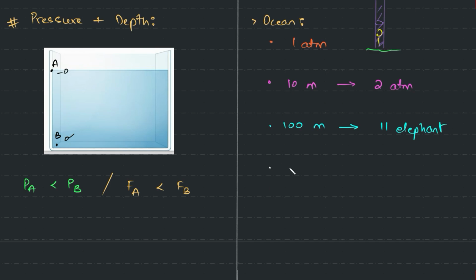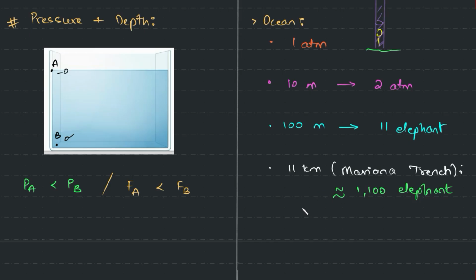And the deepest point that I know of is 11 kilometers, the Mariana Trench. If we happen to go to this depth, it's almost as if you have 1,000 elephants sitting on you. That's the pressure at that depth. So it's huge pressure actually.